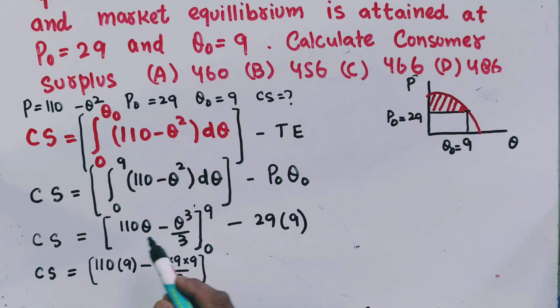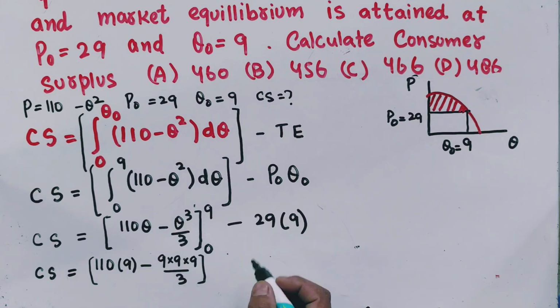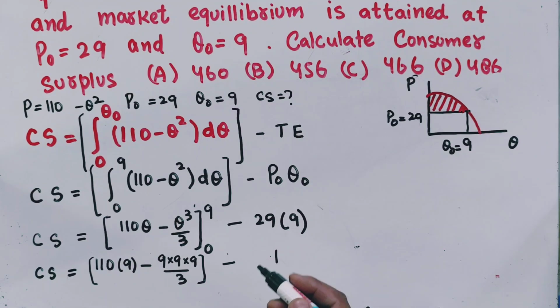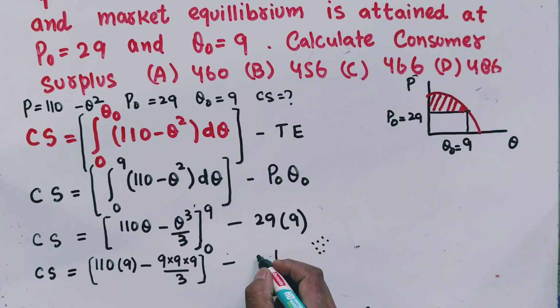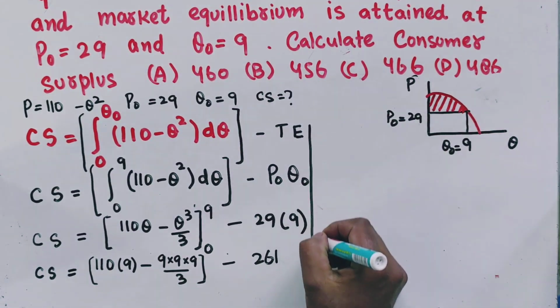The lower limit is 0, so 110 times 0 is 0. This is also 0 cube upon 3, so we will not write that step, and we subtract this. 9 9s are 81, 9 2s are 18, which is 261. I hope I am making myself clear.